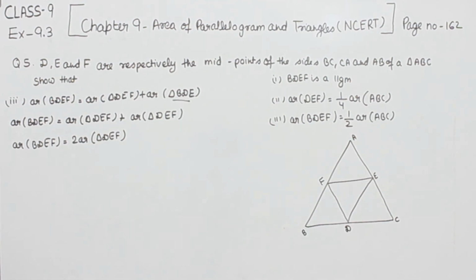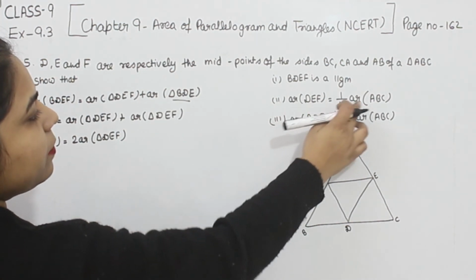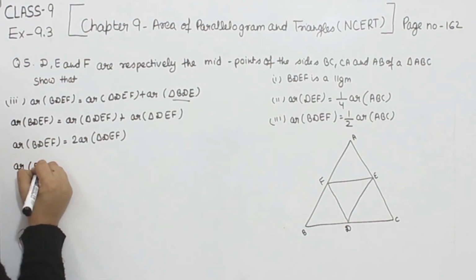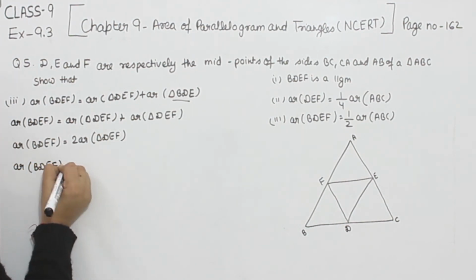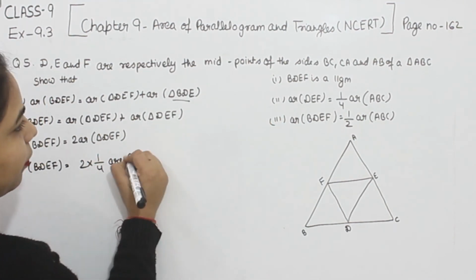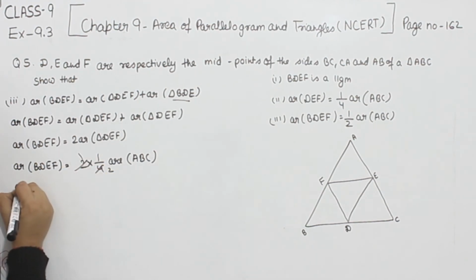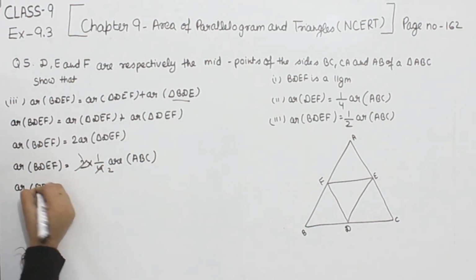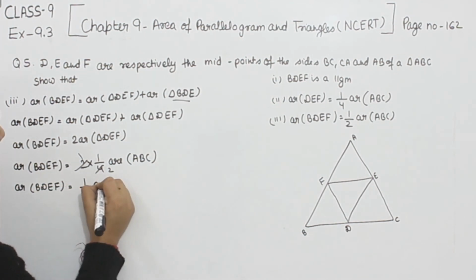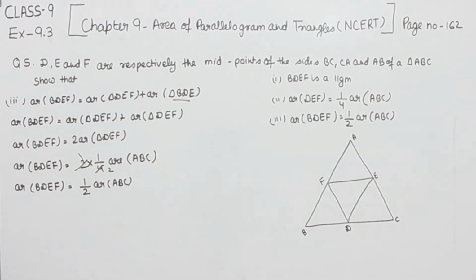As we know, DEF is equal to 1/4 of the area of ABC. So the area of BDEF is equal to 2 multiplied by 1/4 of the area of triangle ABC. 2 ones are 2, 2 twos are 4. Now the area of parallelogram BDEF is equal to half of the area of ABC. This one we had to prove, hence proved.